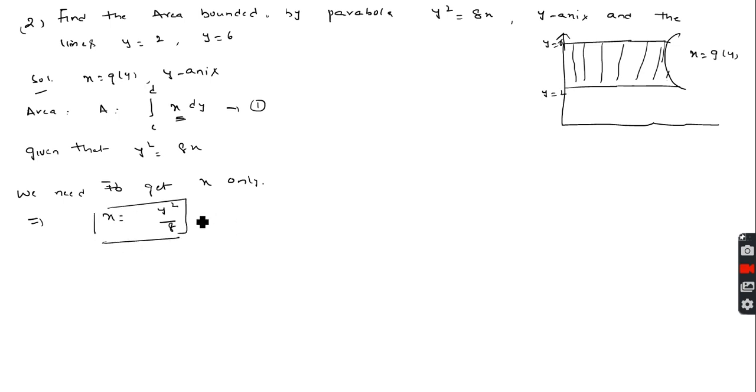Because we need only x, but here it is given y square equal to 8x, from that we need to get x only. So therefore we convert it: x equal to y square by 8.